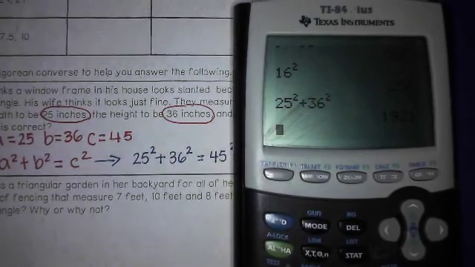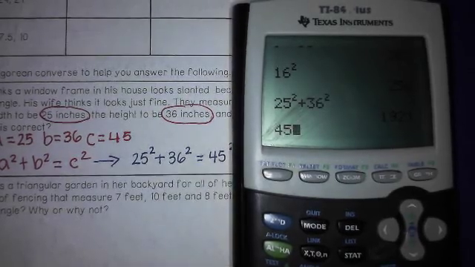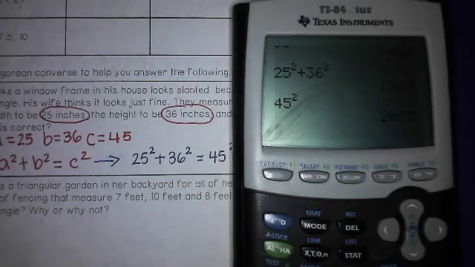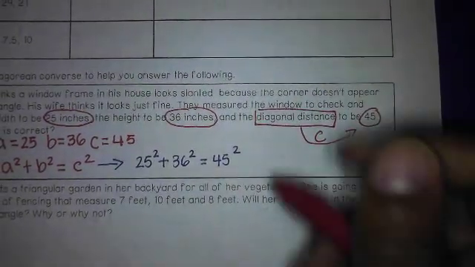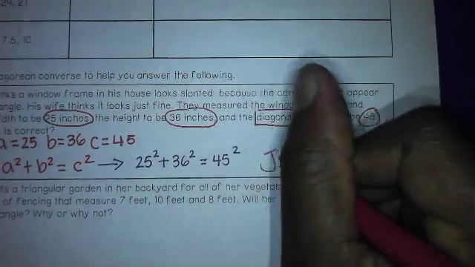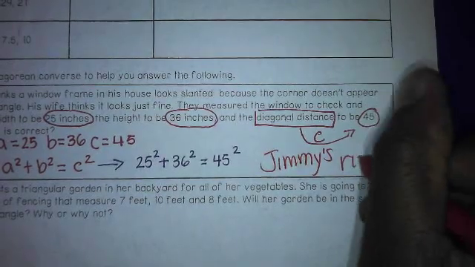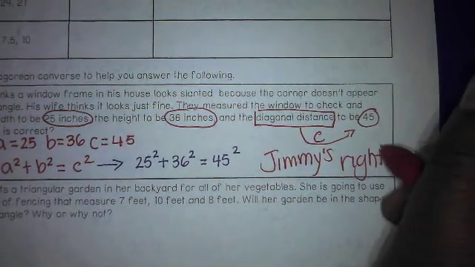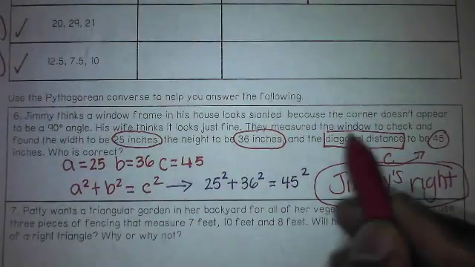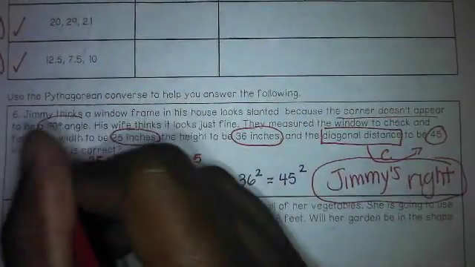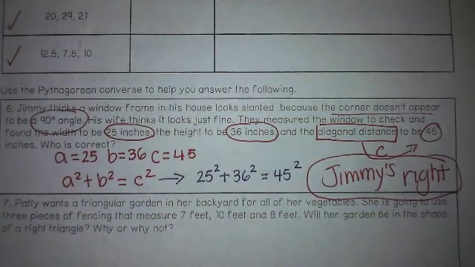Let's see if 45 squared is going to equal 1921. 2025. Is Jimmy correct? Jimmy's right. And he knew because the corner doesn't appear to be 90 degrees. But we still have to test it to make sure it is what it is.